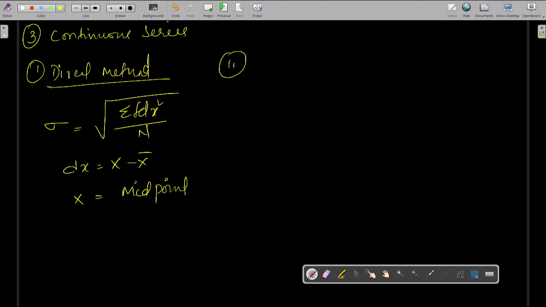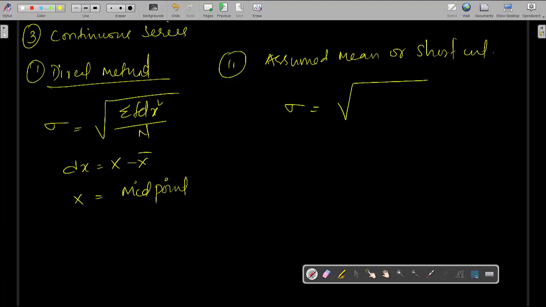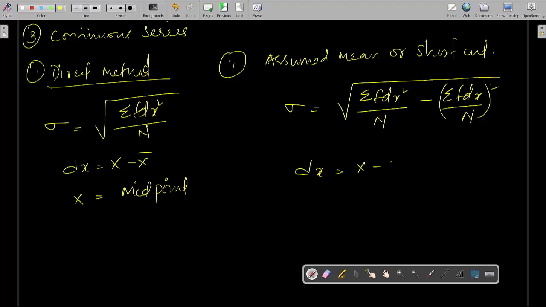Number 2, it is the assumed mean method or shortcut. Square root of sigma f dx squared by n minus (sigma f dx by n) whole square. Here again dx is equal to x minus a, and here again the x value should be our midpoint.